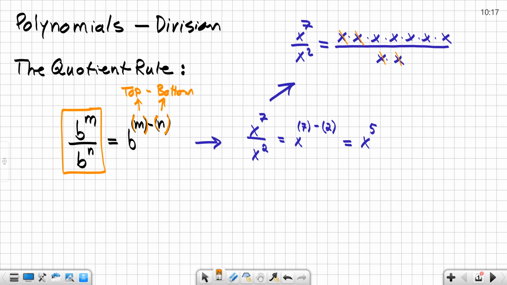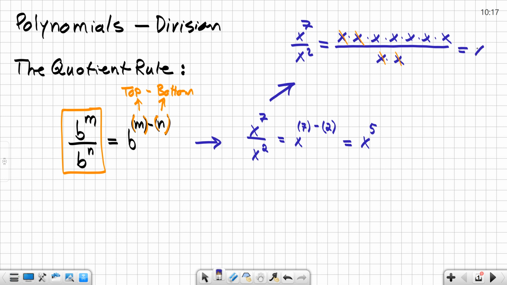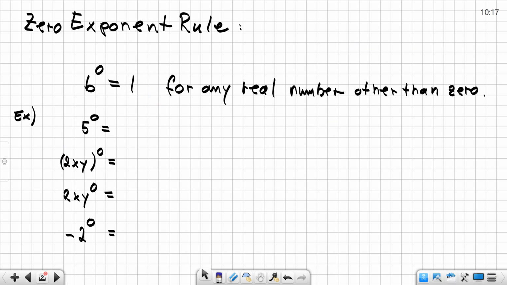So, you could just cancel out 2 of those factors, and I have exactly 5 factors left of x in the numerator. This way of thinking only works, though, if those numbers up here in your exponent are nice. So, the safest way to do it is by still thinking top minus bottom right here. Okay? Let's do something else.